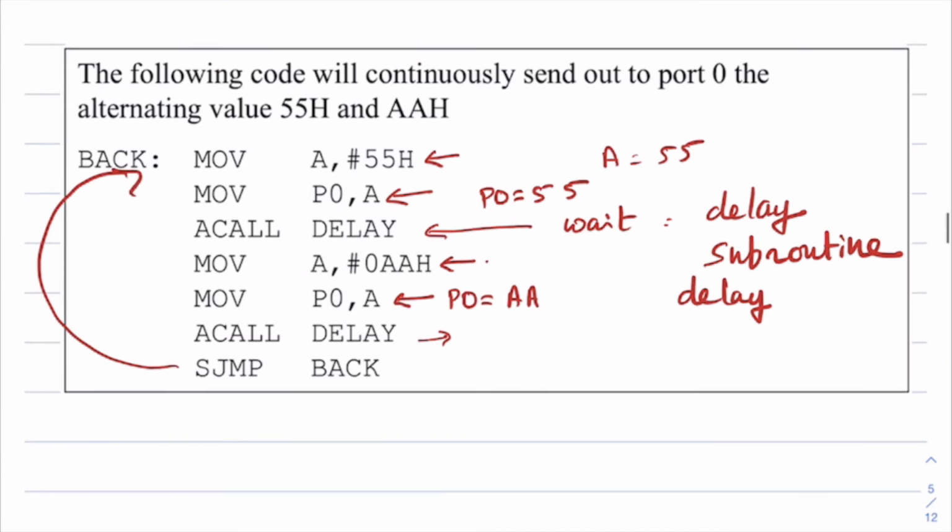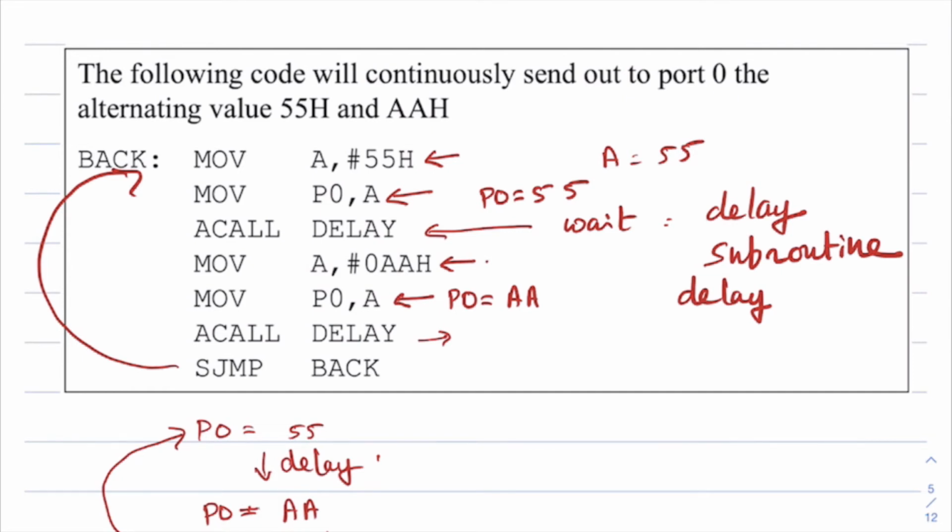So what this program does is, P0 will become 55, then there will be a delay, and after the delay P0 will become AA, then again a delay, and again P0 will become 55, a delay, P0 will become AA, a delay, and it will keep on doing this.